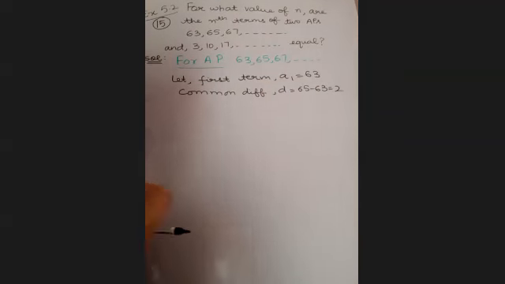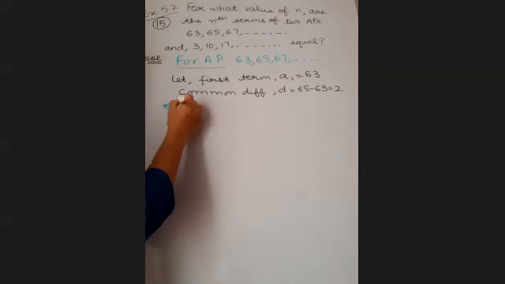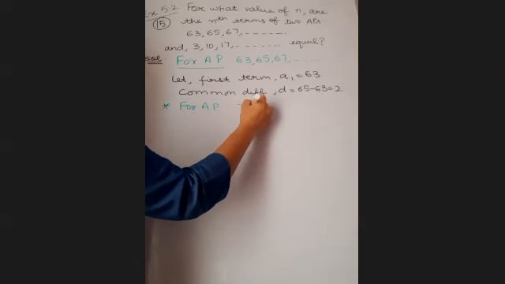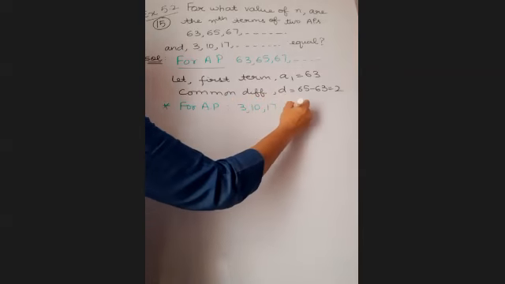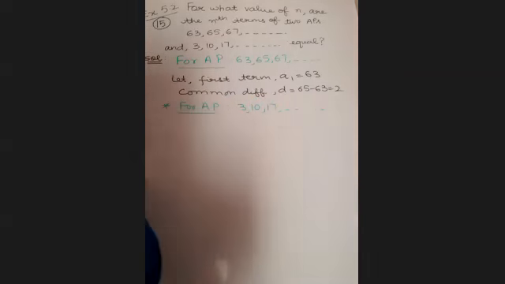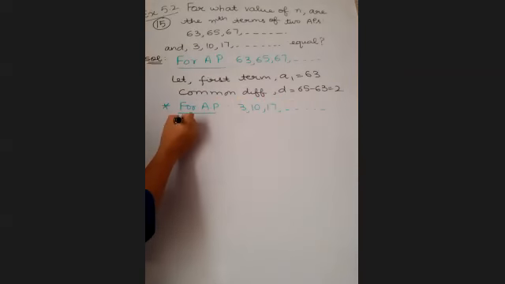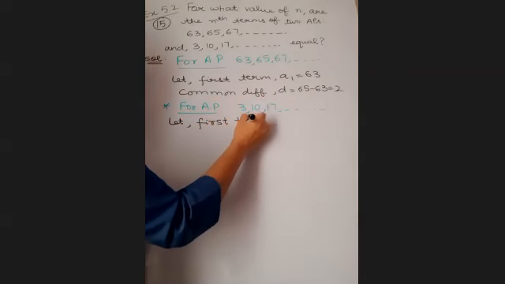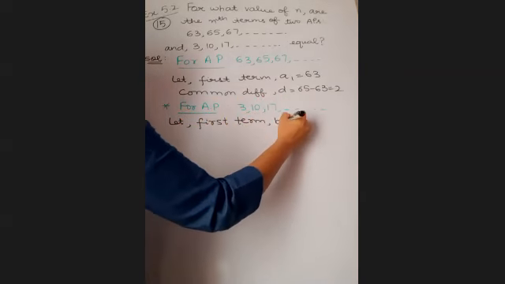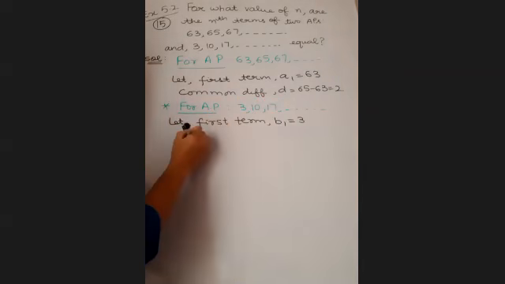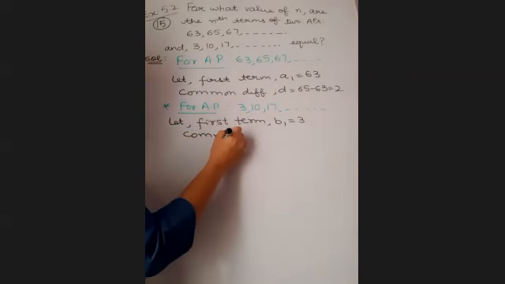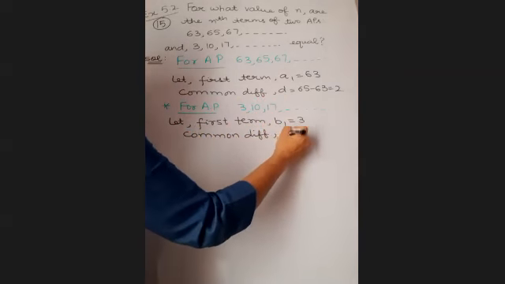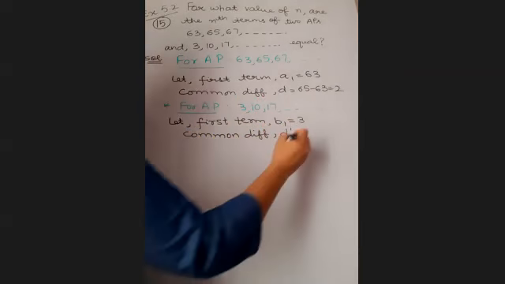For the AP 3, 10, 17, and so on, let B1 be 3, as we have already used A1 for the previous one. The common difference, as we have used small d for the previous one, we may use d dash here.